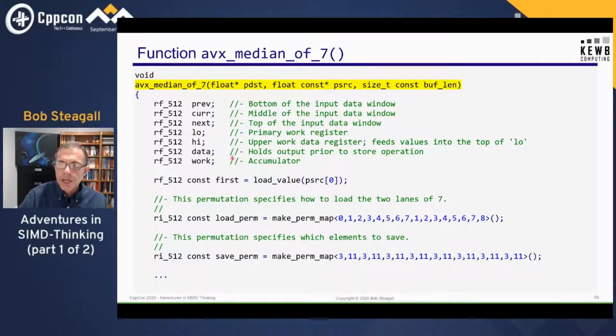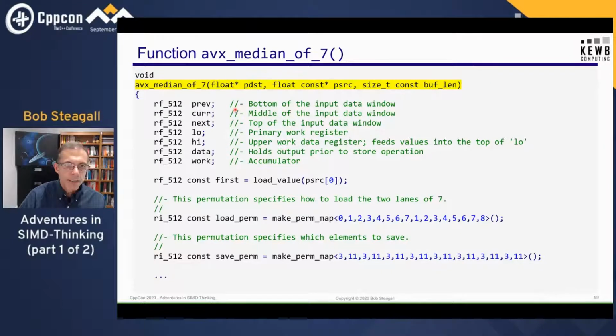The function starts out by pre-declaring several float registers, 16-element AVX-512 registers. There's previous, current, and next. These are registers which represent the data input window. These registers will actually hold the data which I'm reading from memory.